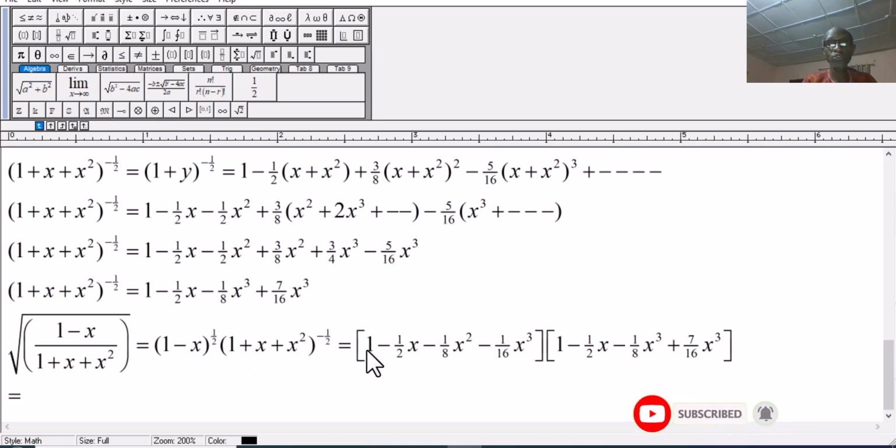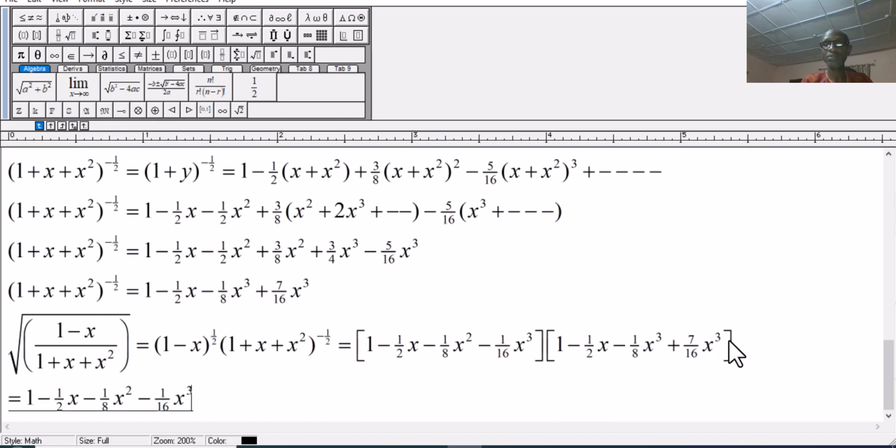If you use 1 to multiply everything on this side, you will get this back. So I'm going to copy this back here. 1 times this, 1 times that, 1 times everything in this one will give you this one back.